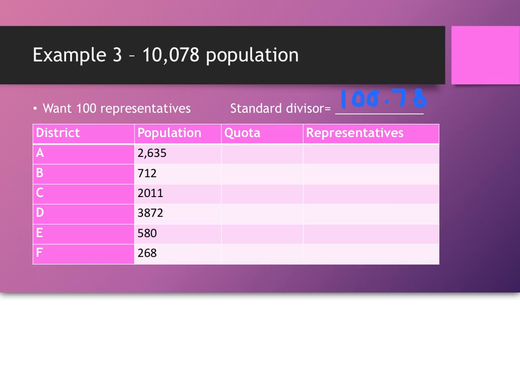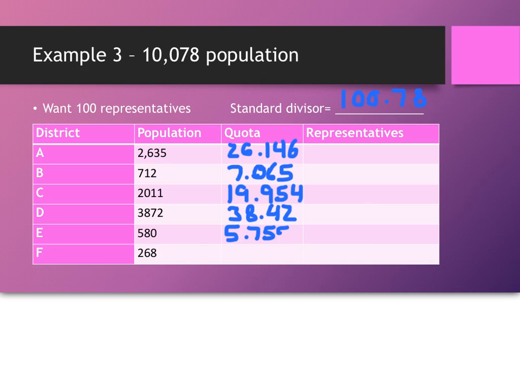And when you actually go through and do the calculations, the quotas here, and I'll write this fairly quickly, are 26.146, 7.065, 0, 19.954, 38.42, 5.755, and 2.659.